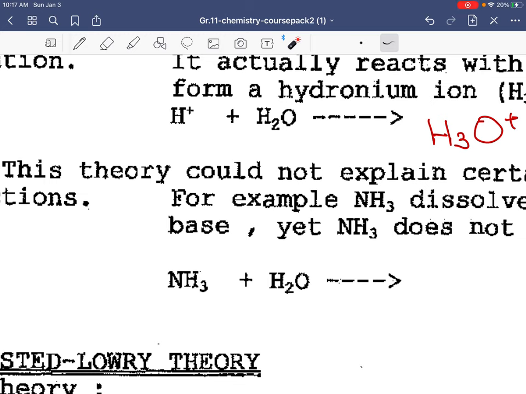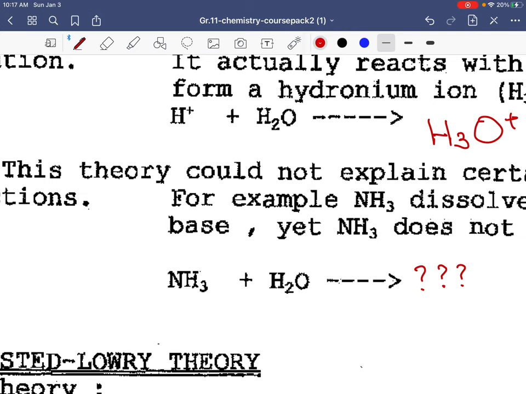Oh, that's obviously a huge problem. Because if you take a pH meter and you put it in a solution of ammonia, it is going to tell you, oh yeah, it's above 7, it is basic. You put a red litmus paper in a solution of ammonia, it will turn blue.